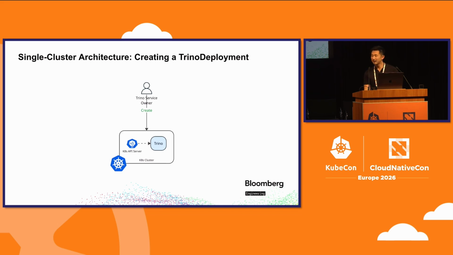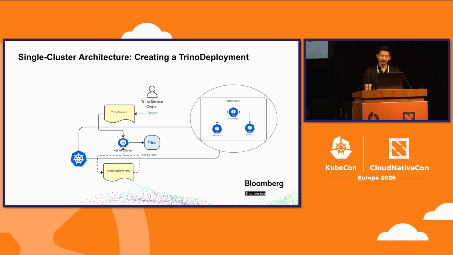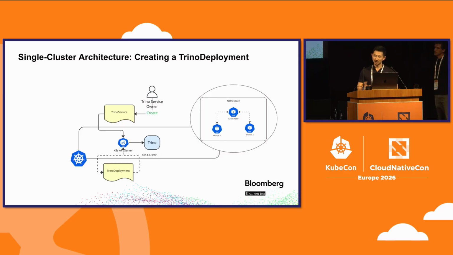Let's briefly recap the single cluster architecture we shared last year. On a high level, Trino service owners express their intent to deploy Trino onto a cluster through an API. Within our platform, that intent is represented at two levels. The Trino service owners interact with a simplified abstraction called Trino service, which captures high-level intent, like the catalogs you want to attach and the resource configurations you want to launch the pods with.